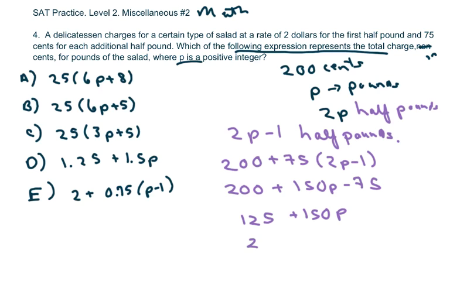You can factor out a 25, because I'm looking at the answer choices, and you get 5 plus 6p, which is answer B. Also, if you work better with thinking that's less abstract and more on the ground, you could have picked numbers here, and that would have been a big tip-off.